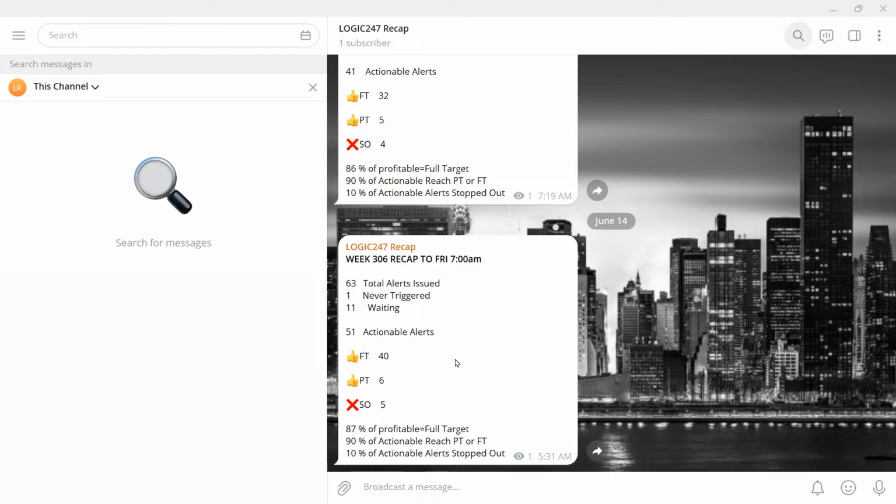Now, on a Logic alert, this is unlike what you see in the live training room in the morning. This is more discretionary trading. The maximum risk on a Logic alert is $300 per contract traded. On the ES, that would be 6 points at $50 a point. Now, that doesn't mean you risk $300 on every trade. You use the structure of the market to determine where the stop needs to be.